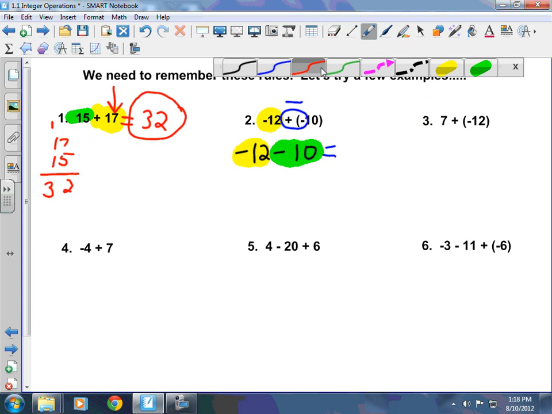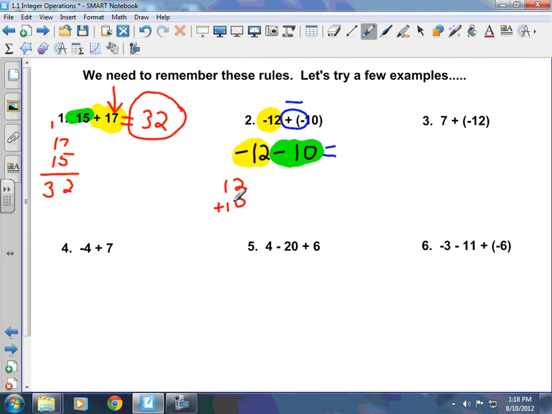So, in order to show my work, I go 12 plus 10, because I'm adding. 2 plus 0 is 2. 1 plus 1 is 2. My answer, when I combine my numbers, is 22. However, I must keep the sign of the larger number. 12 is larger. It's negative. So this has to be negative 22, and then I circle my answer.